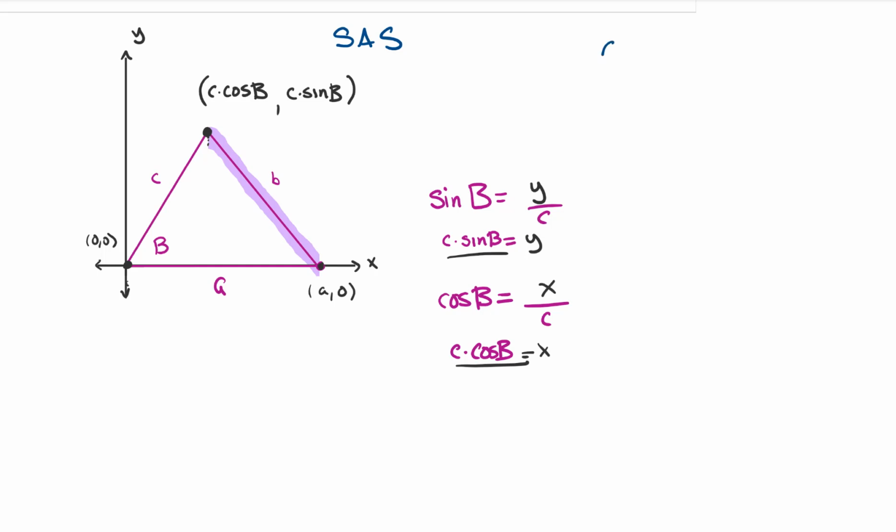The distance formula, what is that? It's equal to the square root of x2 minus x1 all squared plus y2 minus y1 squared, or otherwise known as the Pythagorean theorem, where x2 minus x1 is just a, y2 minus y1 is just b, and a squared plus b squared equals c squared.